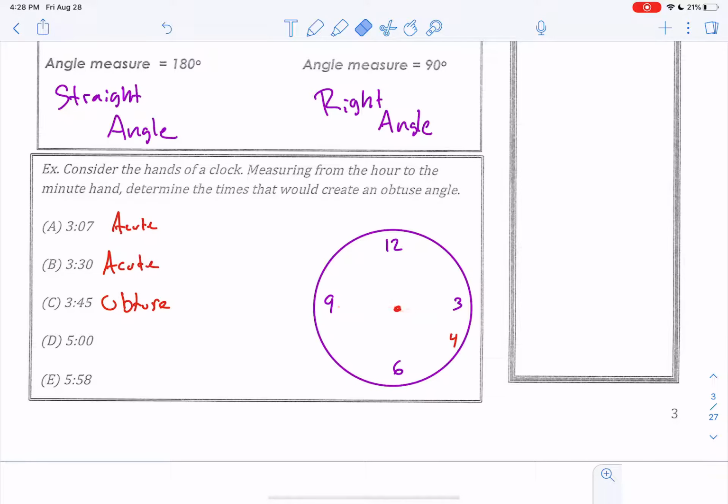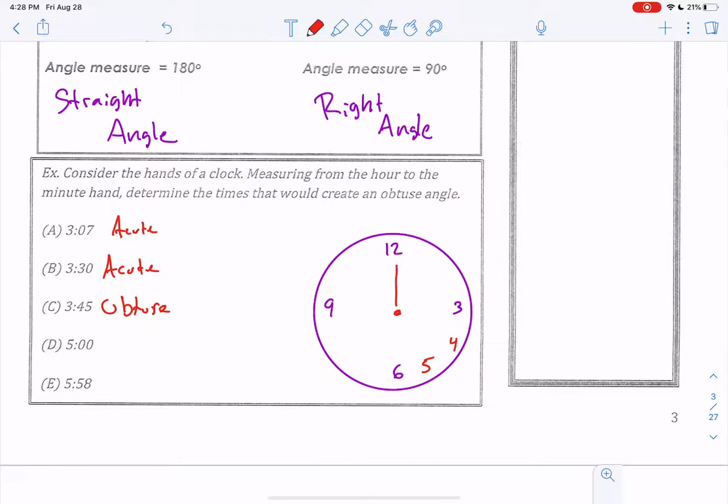Next one, talking about 5 o'clock. The 5 is going to be right around there. At 5 o'clock, we are pointing exactly at the 12, and we're pointing exactly at the 5. The only time the hour hand is ever pointing exactly at one of the numbers is exactly on the hour. So this appears to be an obtuse angle.